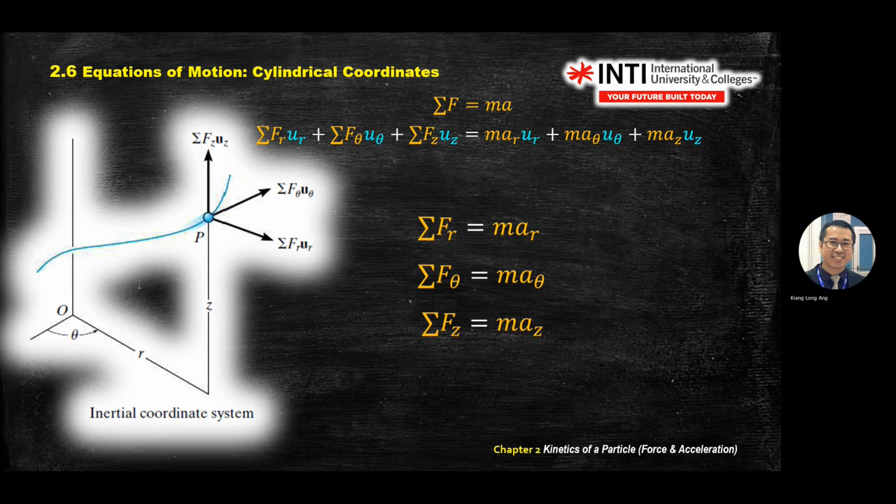Now, when do you know you need to use polar or cylindrical coordinates? When you are given theta in the question. Reference axis theta and the R is given. Z is given, or sometimes Z is just assumed 0 in planar motion. So when you see theta and R, then you know you are using the cylindrical coordinate.